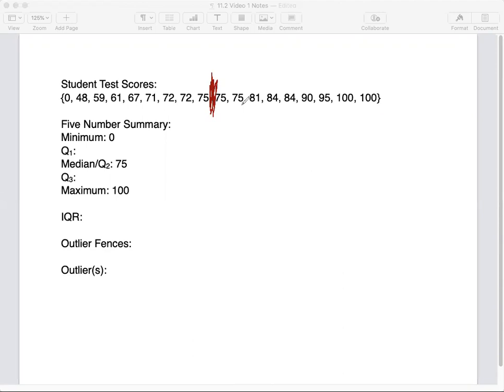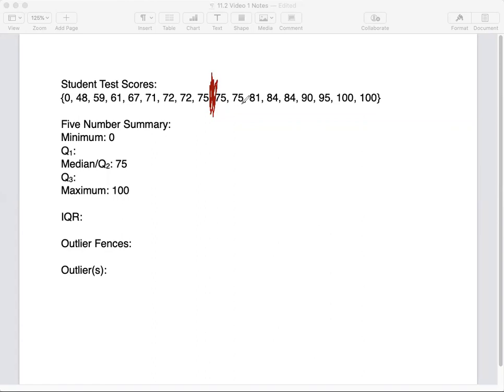If we had had a single number that was our median, in that case, that number would have been excluded from each half of our data. But since we didn't have a true median in this one, we had two numbers which we had to average to get that median. One of the 75s goes in the top and the other one goes in the bottom of the data set. So as you can see, I've now split my data into 2 equal halves.